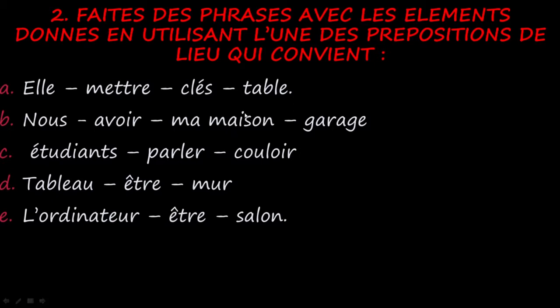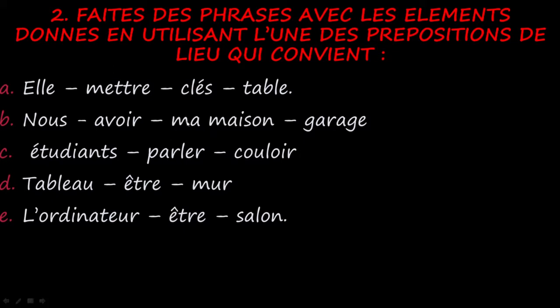But ma maison is in front and garage is next, so I don't want to change the structure of the question. So we just write nous avons construit. We use the verb construire in the past tense, passé composé, the past participle of construire. Nous avons construit, which means we have constructed my house.